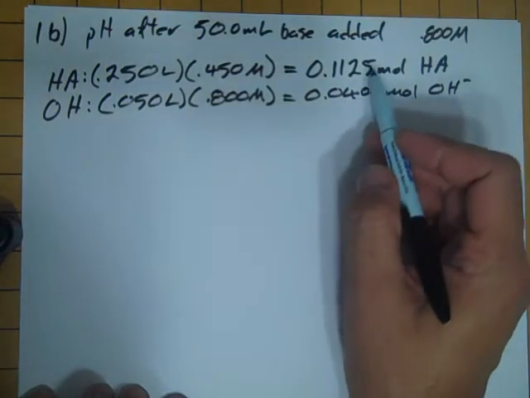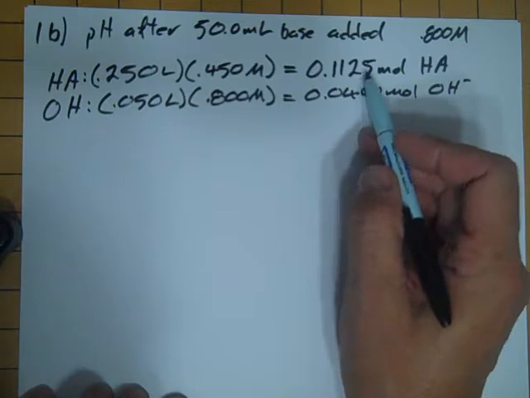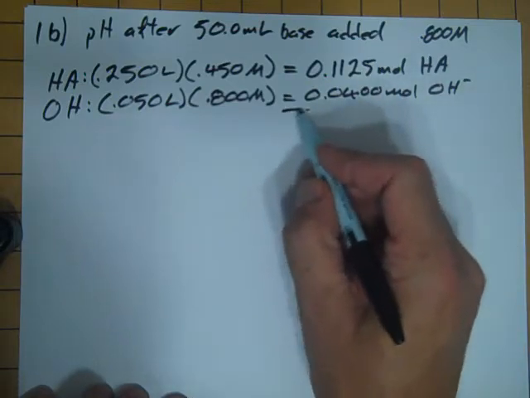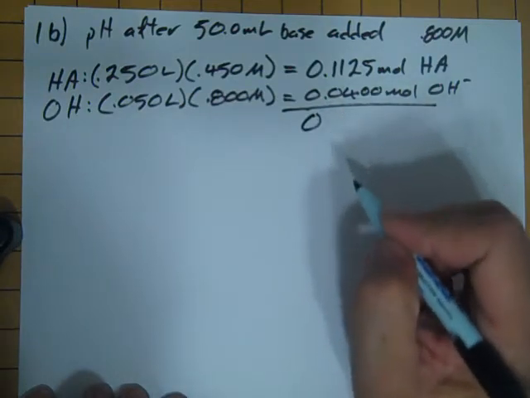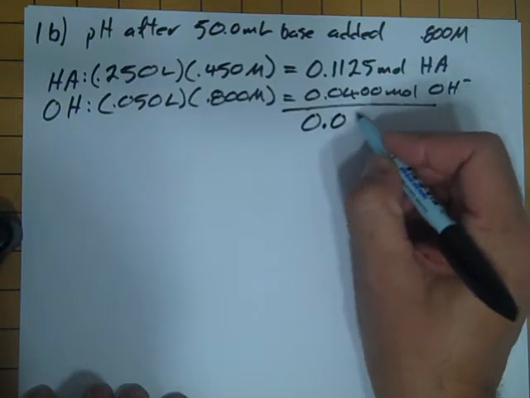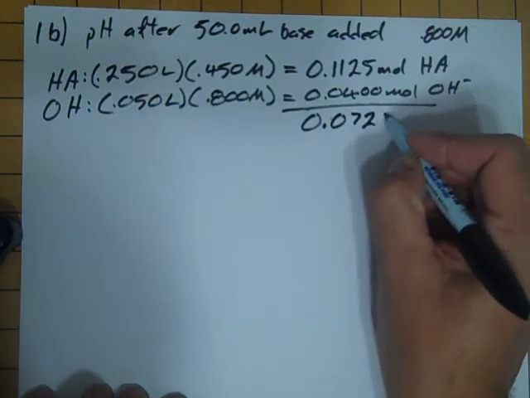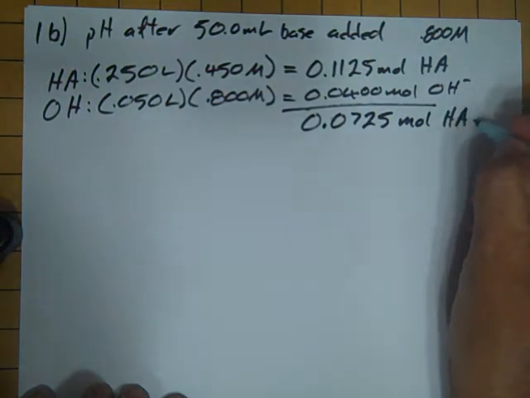The hydroxide neutralizes the same amount of the acid. So I just do a subtraction and I find out that after I add that hydroxide, I now only have 0.0725 moles of HA left.